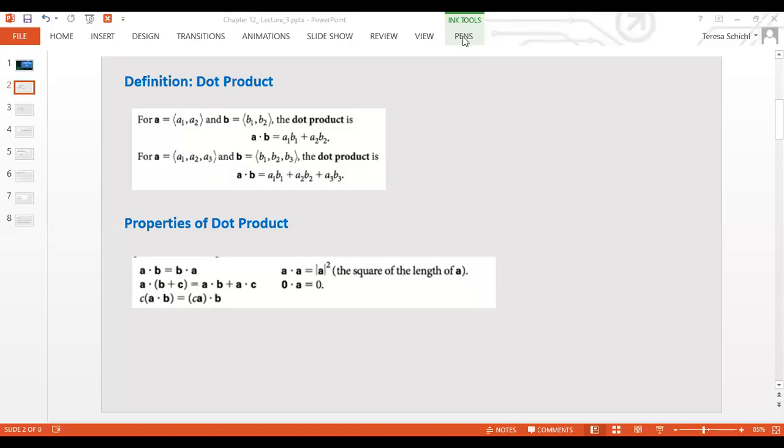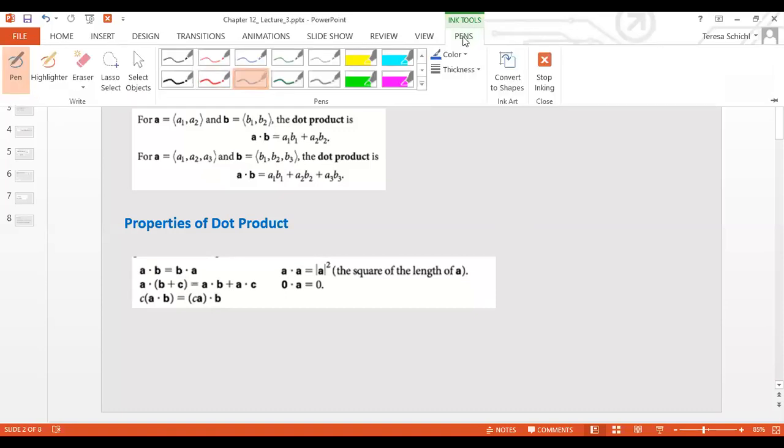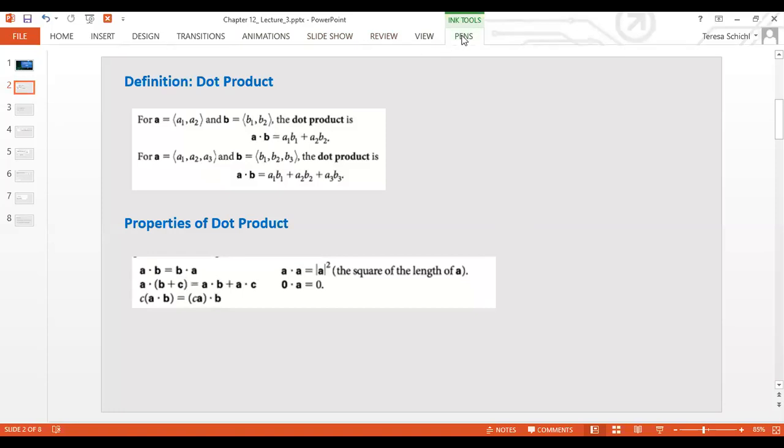So the dot product, based on the definitions here: if you have vectors in R2 or R3, it doesn't matter. You use the first element in the A vector times the first element in the B vector, so that's A1 times B1.